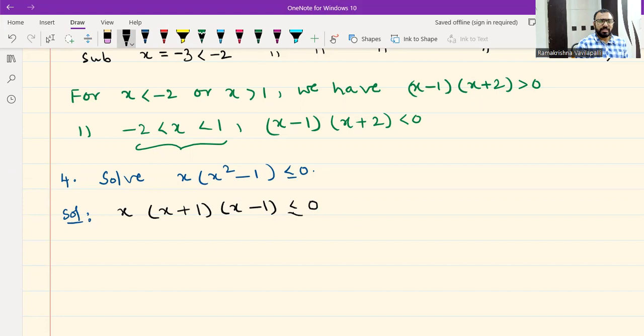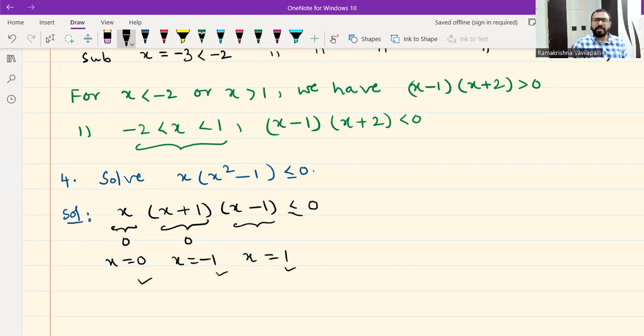We want this expression less than or equal to 0. Here, this is 0 when x equal to 0, and this is 0 when x equal to minus 1. You have to see at what value of x each factor is 0. x equal to 1. So here we have three values.